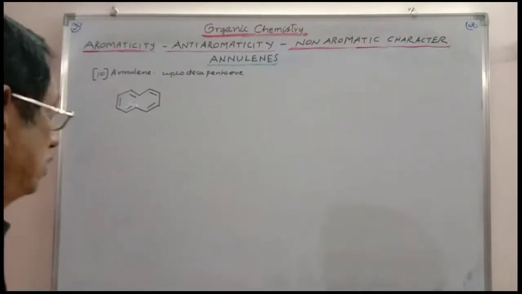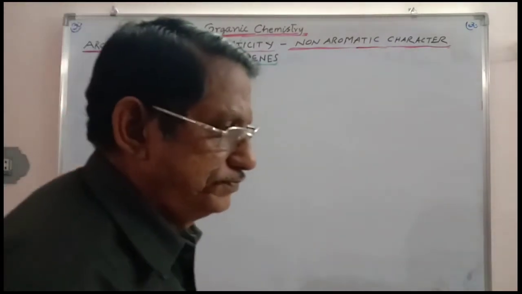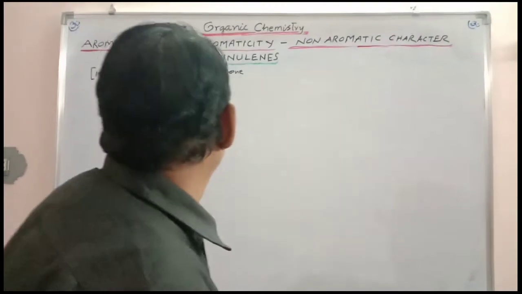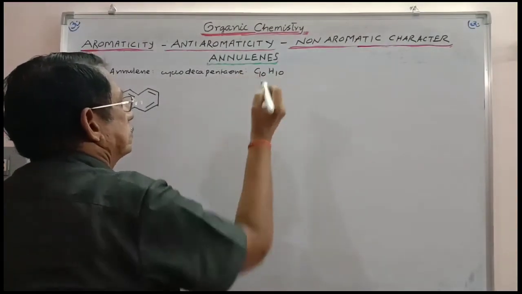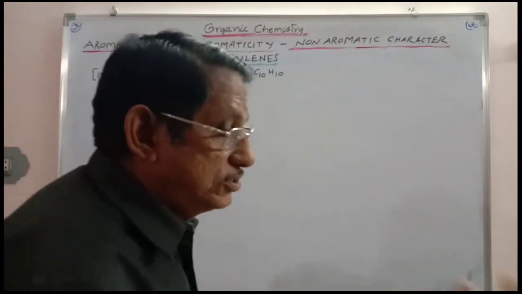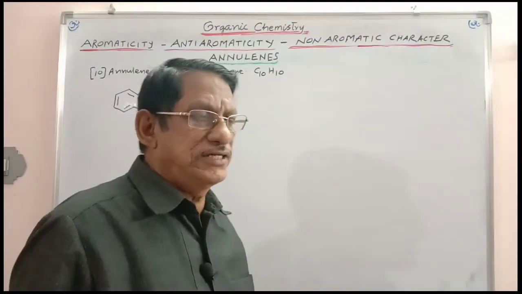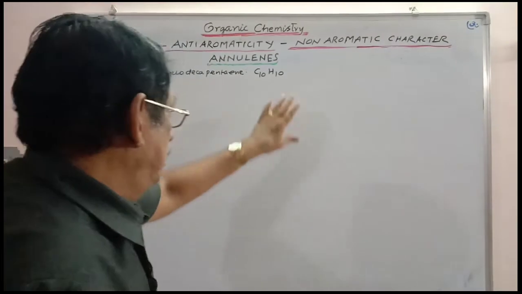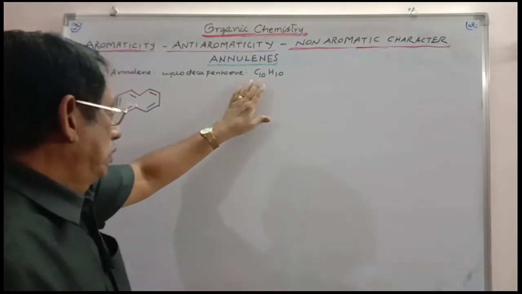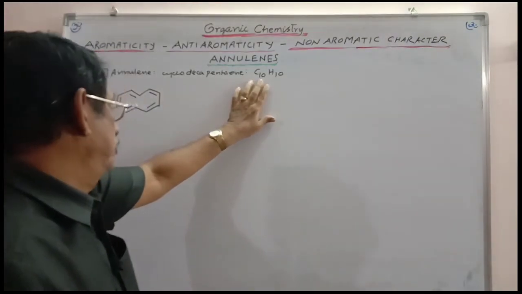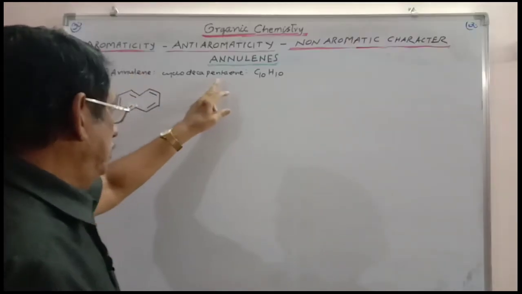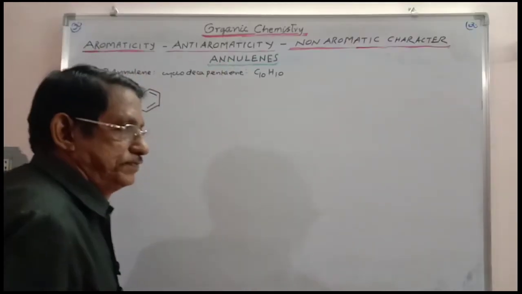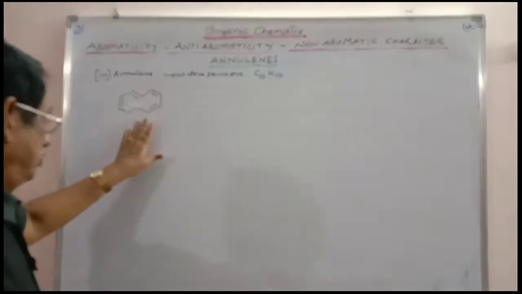Next, let us consider 10-annulene, C10H10. The formula is C10H10. Naphthalene formula is C10H8, 2 hydrogens less than this. This is 10-annulene. Deca means 10 carbons. There will be 5 double bonds. So cyclodecapentaene. This is the structure.